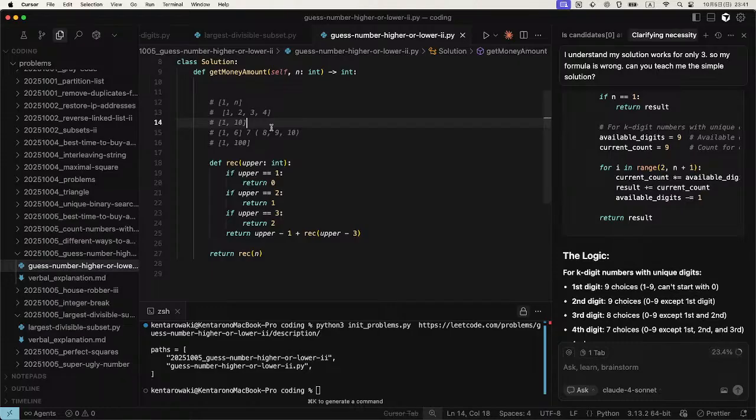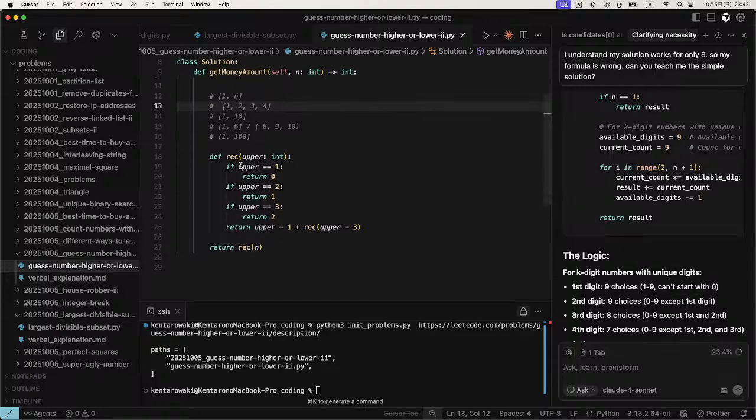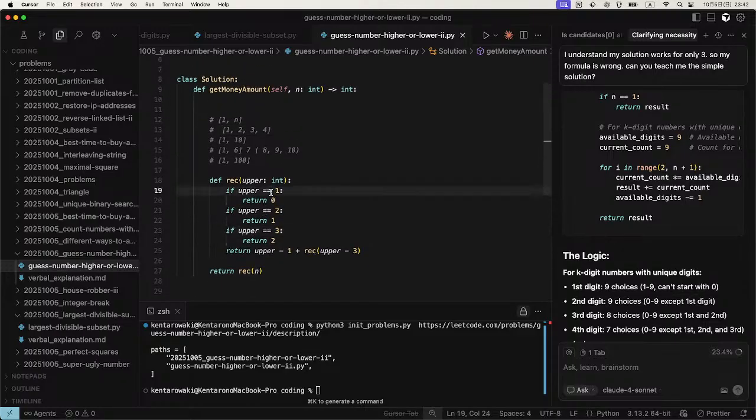The total cost is 4. Four is the best. So I think this is good.